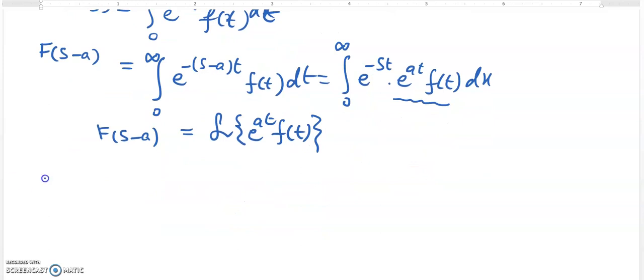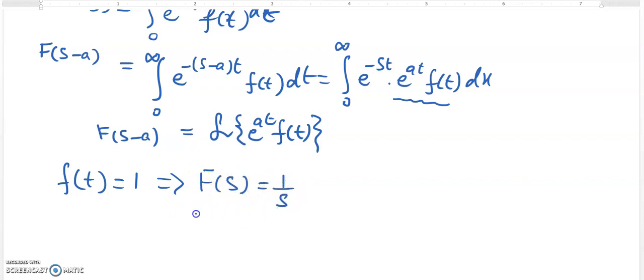So what does it mean? For example, if I have the function f of t equal to 1, and I know that its Laplace transform is 1 over s, the very first formula which we derived, then what will be the Laplace transform of the function f of s minus a?